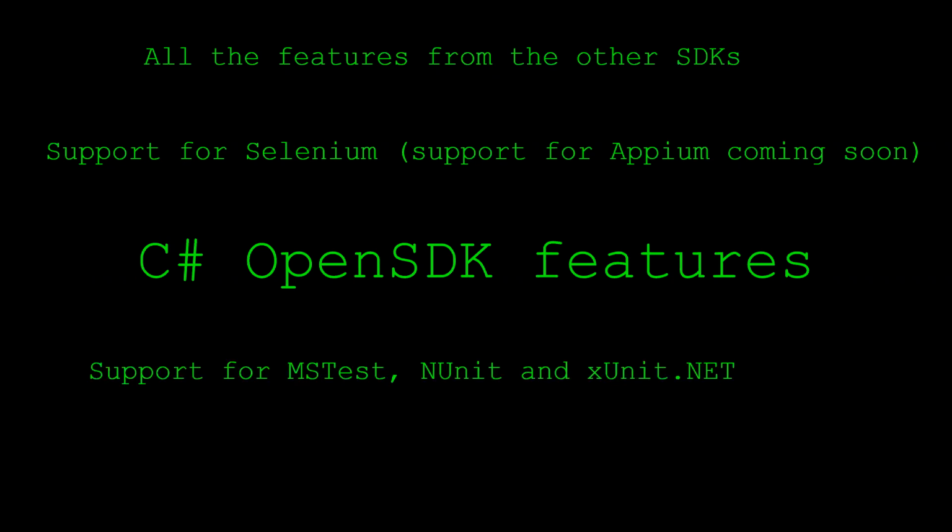We support the 3 major unit testing frameworks for C#: MSTest, NUnit and xUnit.net. And with support, I mean we can use the information from these 3 unit testing frameworks to automatically infer the right project and job names and use them to make reporting as easy and as intuitive as it can be on TestProject for all of these 3 unit testing frameworks.